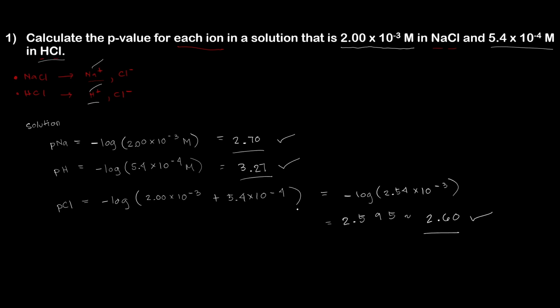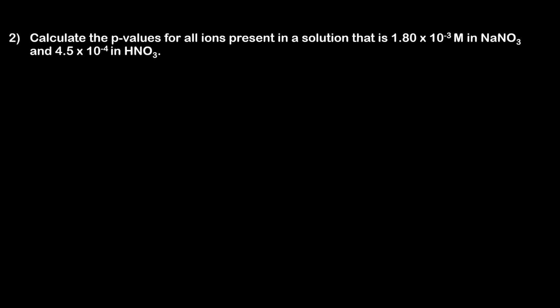Okay, so for the next problem, you can try this out or you can follow along. So, calculate the p-values for all ions present in a solution that is 1.80 times 10 to the negative 3 molar in sodium nitrate, NaNO₃, and 4.5 times 10 to the negative 4 in HNO₃.